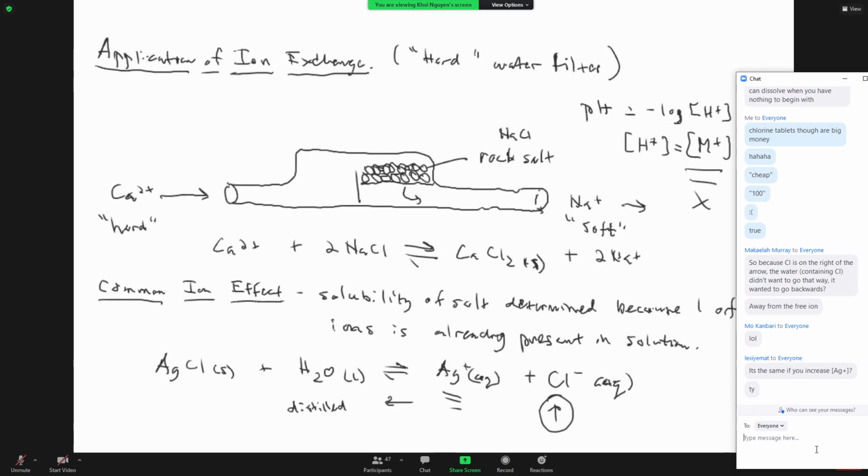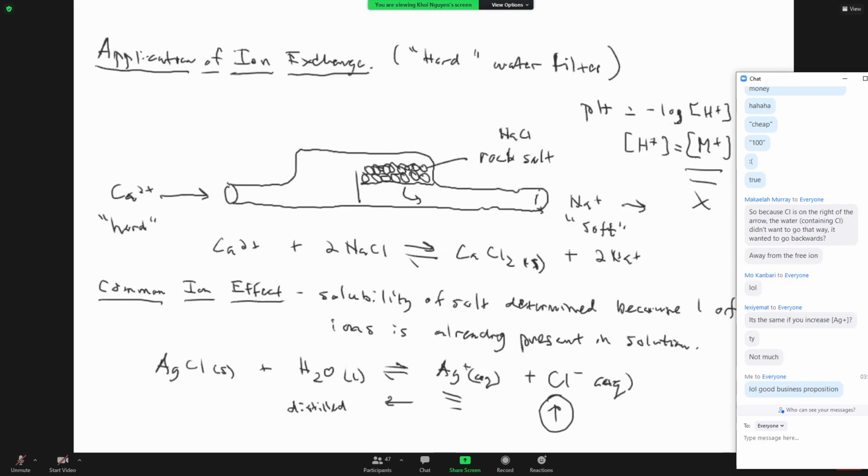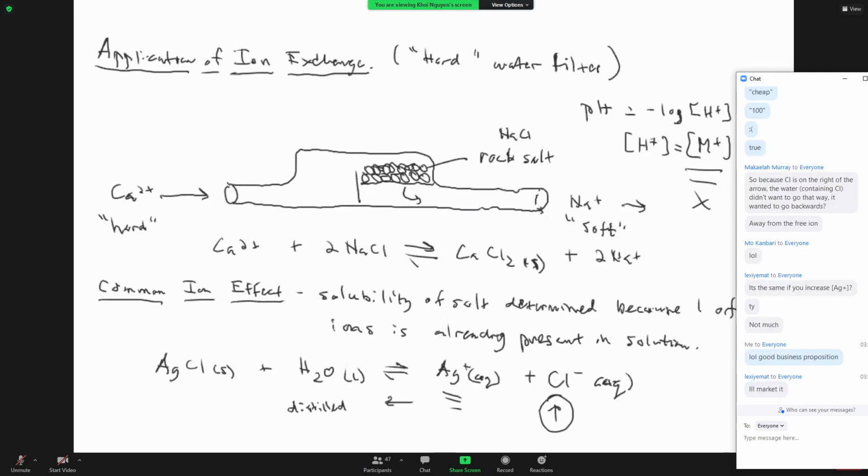Yes, it's always nice to have these quick little nerdy moments. Exactly. I wish I had some silver lying around now, like silver chloride tablets, right? Jonathan and I would be making bank. He'll sell the chlorine. I'll keep the silver.